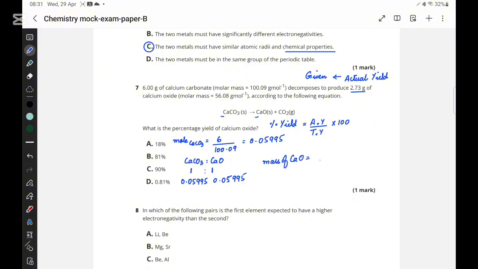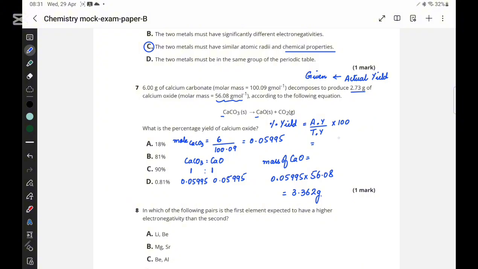So now you are going to find the mass of calcium oxide, which is the theoretical yield. That comes out to be moles, 0.05995, times the Mr. Mr is 56.08 for calcium oxide, and it comes out to be 3.362 grams. Actual yield is how much there?